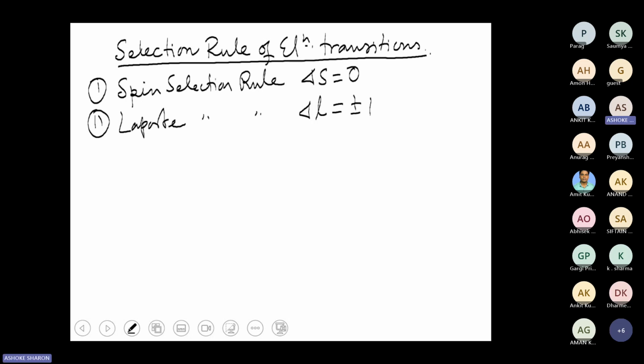There are certain mathematical calculations after which this has been obtained. This is obviously not the time to discuss those theories, but you can remember these two selection rules: spin, delta S is equal to 0, and Laporte selection rule, delta L is equal to plus minus 1.